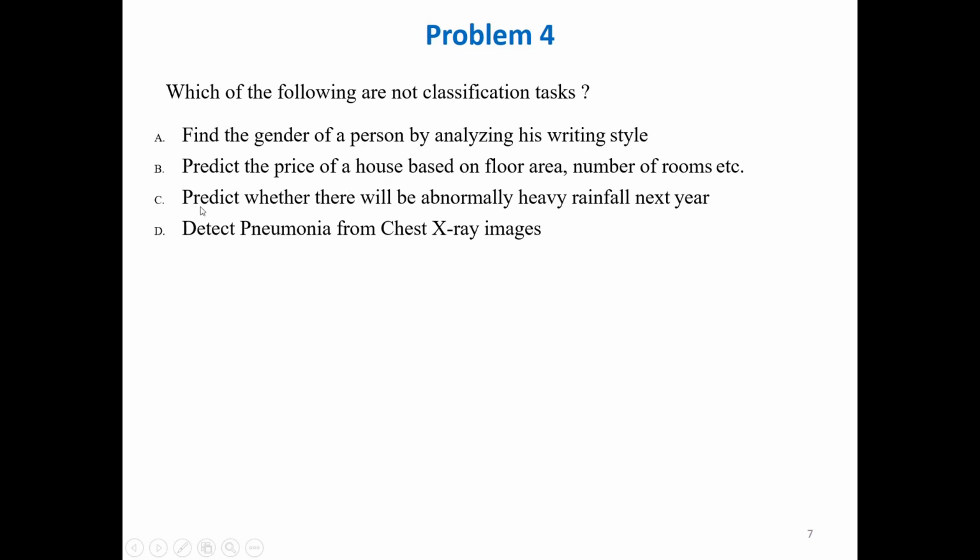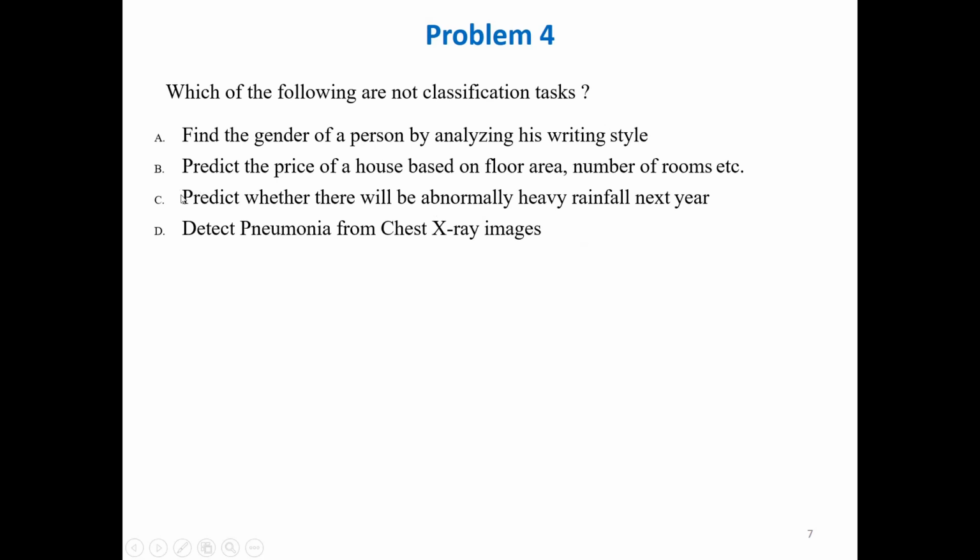Now C is predict whether there will be abnormally heavy rainfall next year. So now we have to predict whether there will be heavy rainfall or not. So again there are two categories, abnormally heavy rainfall or no heavy rainfall. These are the only two categories.